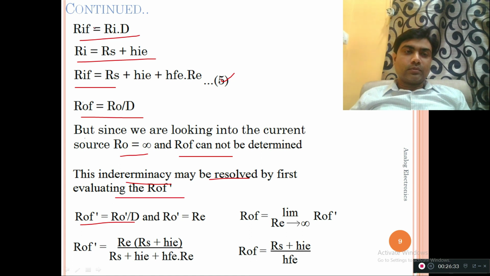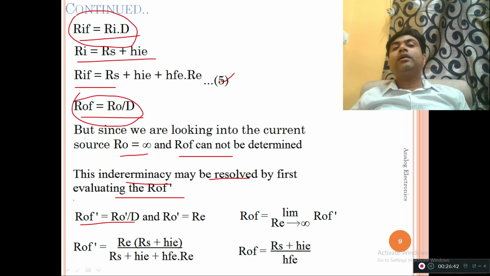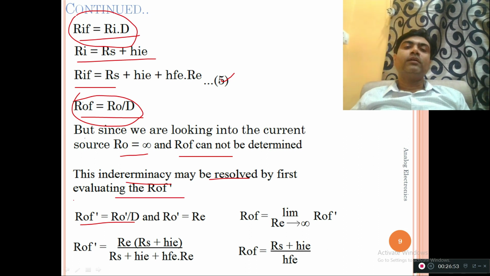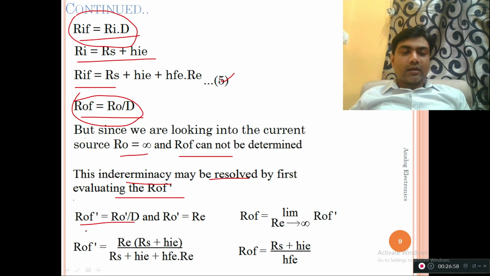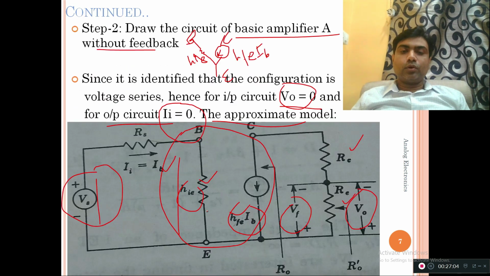This formula, RIF equals RI into D, and ROF equals RO upon D, we have already calculated in the voltage series configuration, as well as seen in the comparison when I was explaining the values of the different input and output resistances in the table. So here ROF dash is going to be nothing but RO dash upon D. And what is RO dash? You can see from here. RO dash is nothing but RE, because RO dash can be seen from the load of the RE.